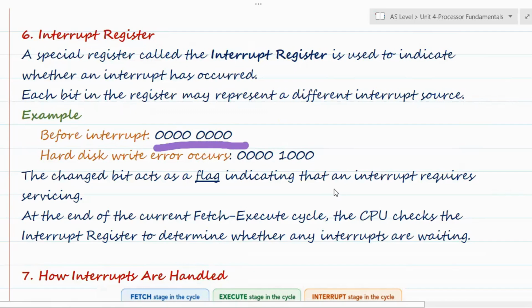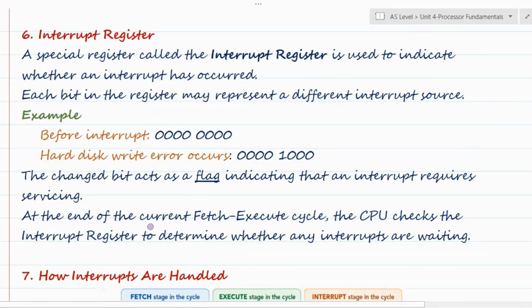This means no interrupts are waiting. Now imagine a hard disk write error occurs and your interrupt register changes its value to this. This changed bit acts as a flag indicating that an interrupt requires servicing.